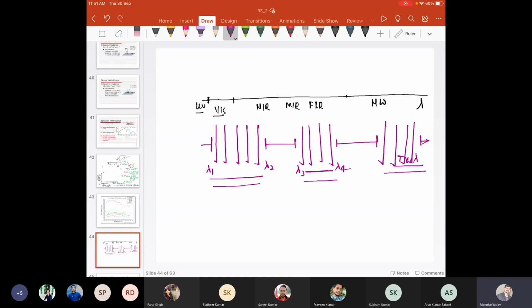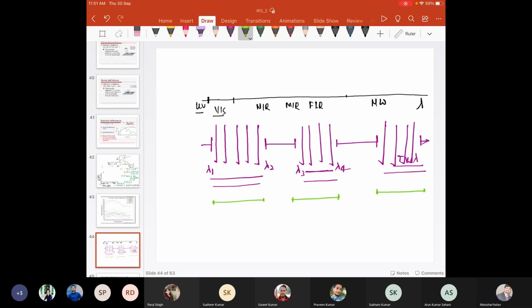Here we have microwave. So lambda 1 to lambda 2, lambda 3 to lambda 4, and that range I am plotting over here. Again, this is discrete; I am just segmenting the wavelength axis on the basis of the availability of atmospheric windows. And I hope there is no doubt about atmospheric windows for anyone.